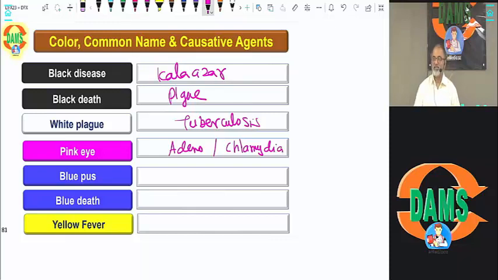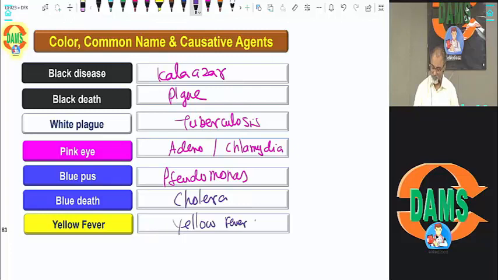Blue pus, which organism produces blue-colored pus? Pseudomonas. And interestingly, blue death, cholera. Very good. Yellow fever virus.